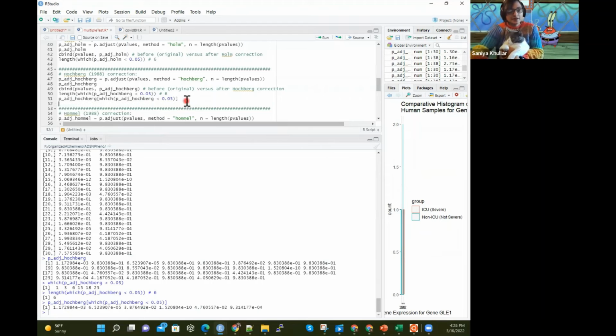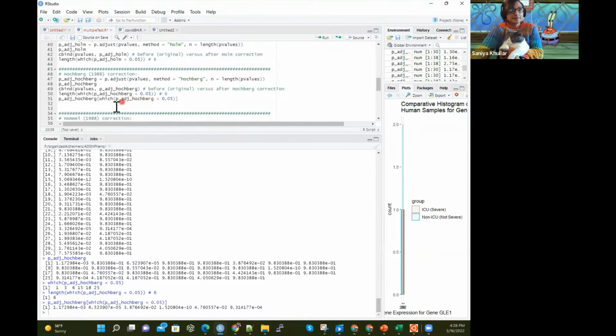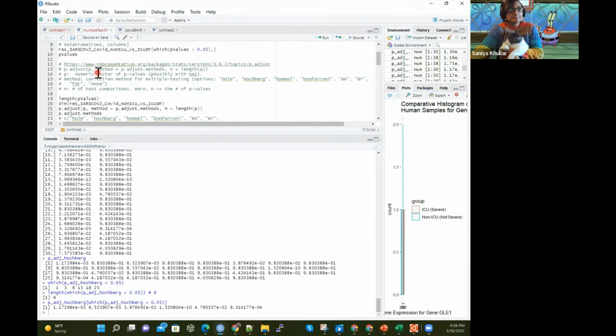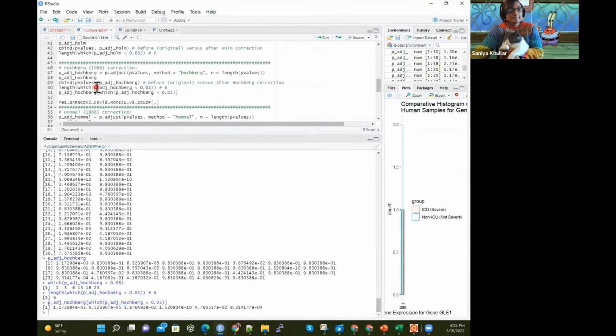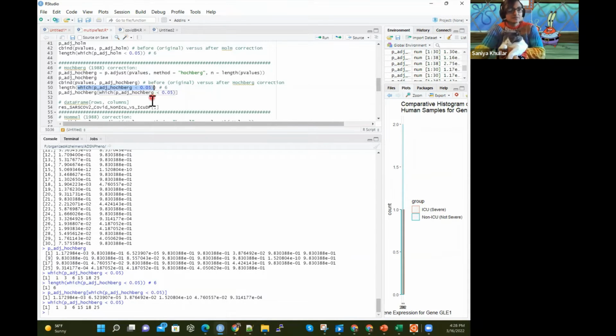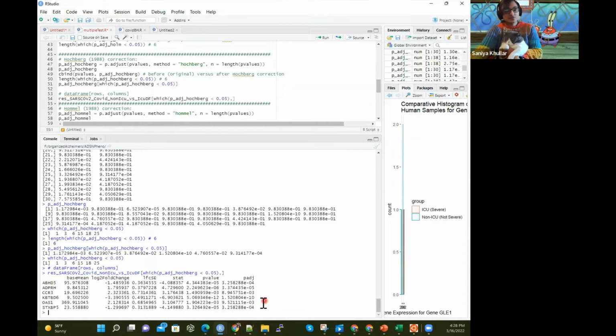I can always go back to the original data set that we had, and I can put in these specific rows. Remember, it's data frame, rows, comma, columns. So I can just put in these specific indices, which will give me those specific rows. I just put this in here, and I'm going to get the 6 from before.